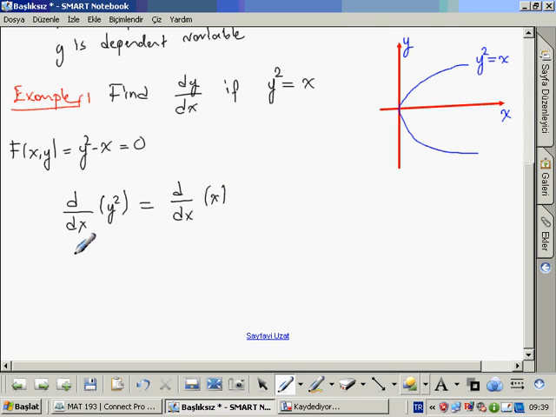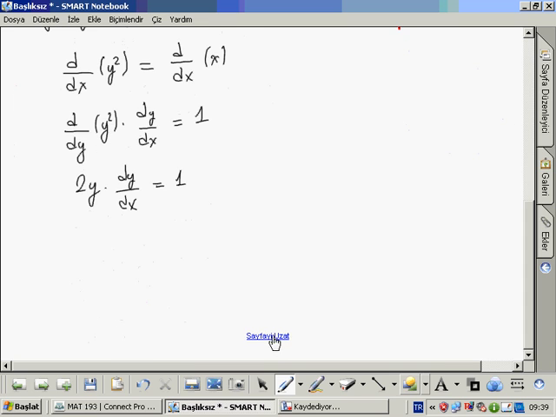And we know that del over del y of y squared times del y over del x is equal to del over del x of x, which is 1, and this part will be 2y times del y over del x, which equals 1. After that, del y over del x, which is y prime, equals 1 over 2y.